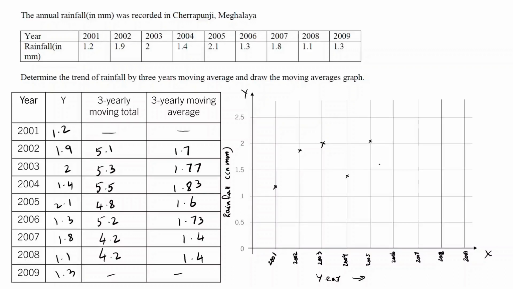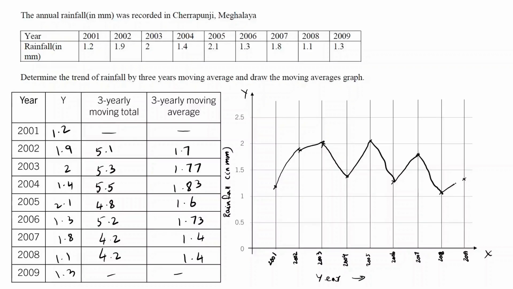Then for 2006, it is 1.3. Then for 2007, it is 1.8. 2008, it is 1.1. And 2009, it is 1.3. So here we have to join these points using a scale. So this is the actual data.